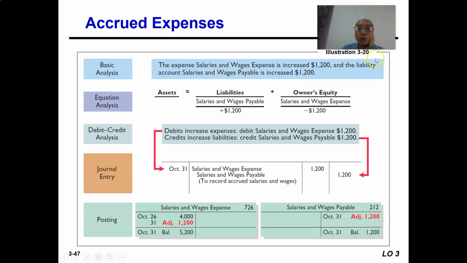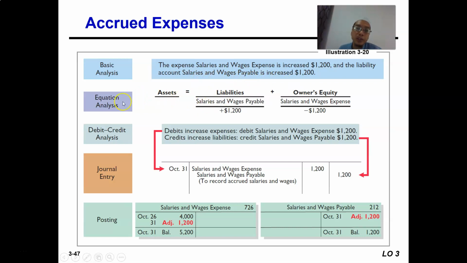So we need to increase the liability account, which is called salaries and wages payable. The expense account is called salaries and wages expense account. We increase it by 1,200, and we also increase the liability account, salaries and wages payable.